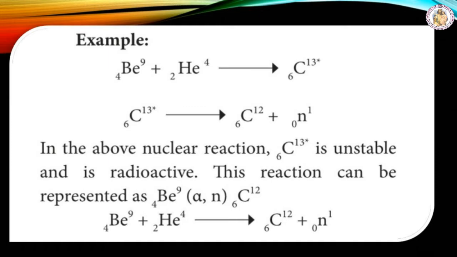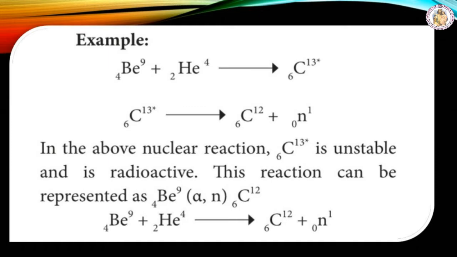After that process it becomes stable, that is 6C12, plus a neutron, which we always write as 0n1.